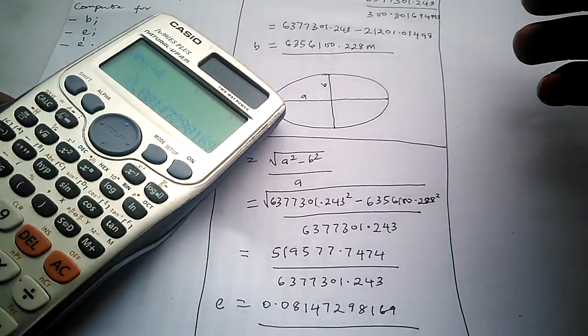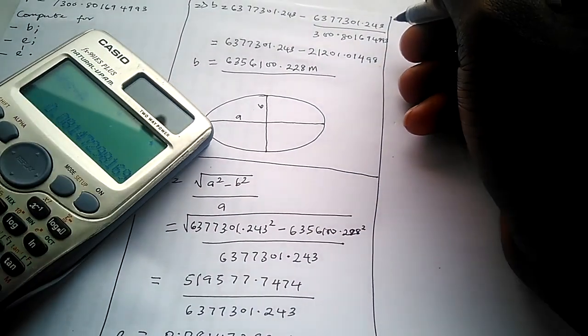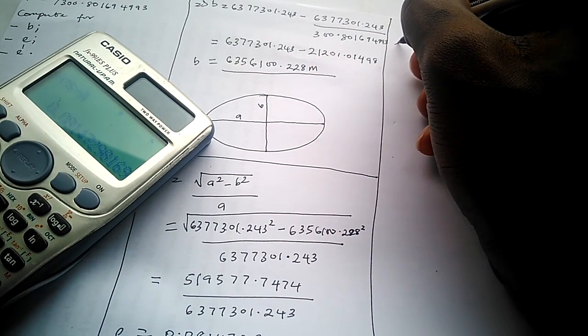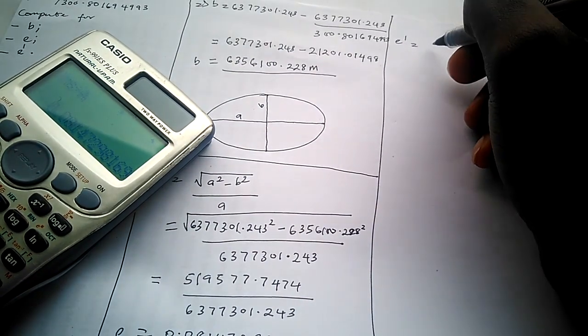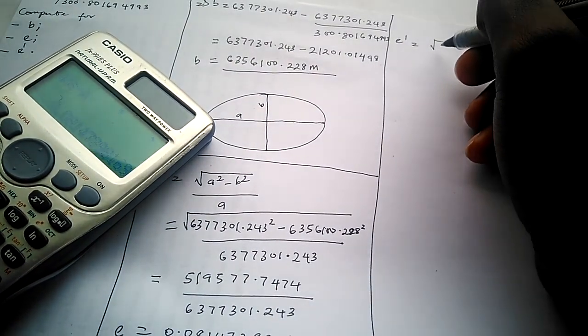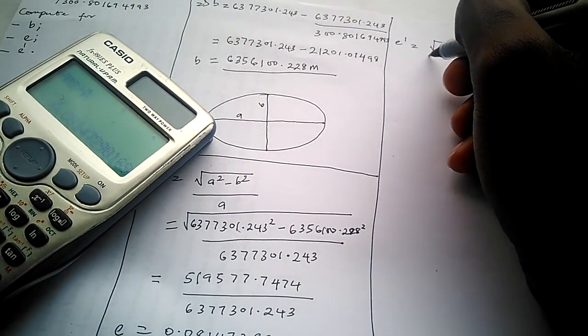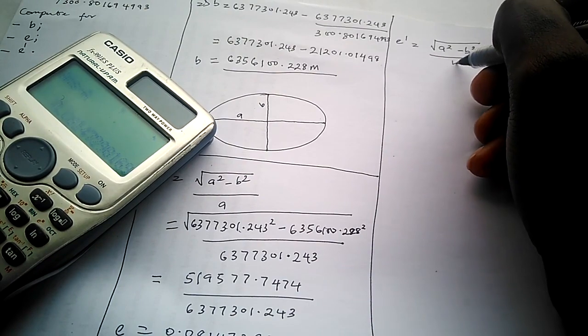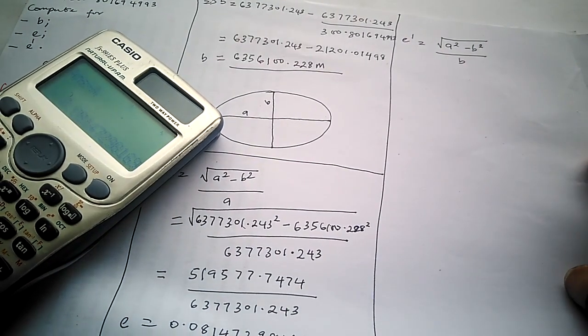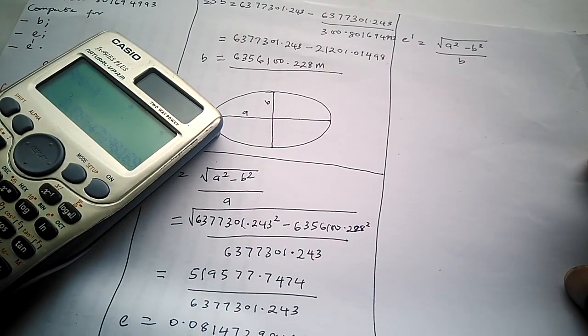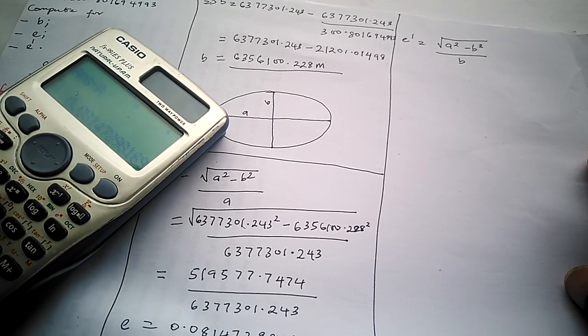Our e prime is equal to the square root of a squared minus b squared all over b. That is our second eccentricity, which is e prime.